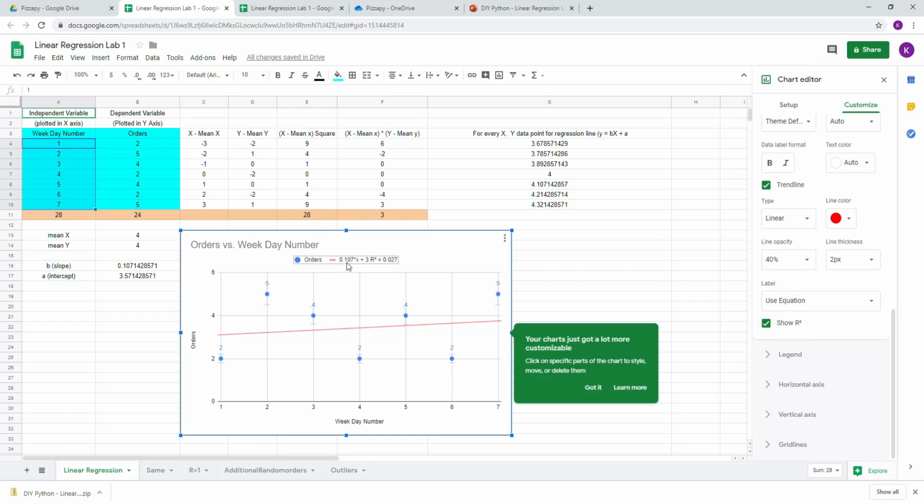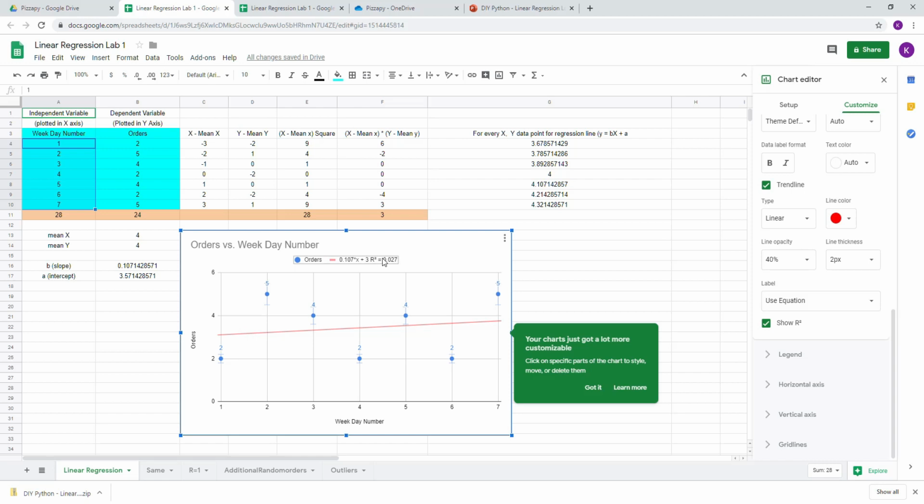That is exactly the value here, which is showing 0.107 multiplied by x plus 3, whereas the R value is showing here as 0.027, right? And we are actually interested in this equation. This is the equation we want for every x value. See that equation, 0.107 multiplied by x plus 3, is the predicted y value. So for every x in future, if the data is changed here, this prediction value will also change, meaning the prediction equation.